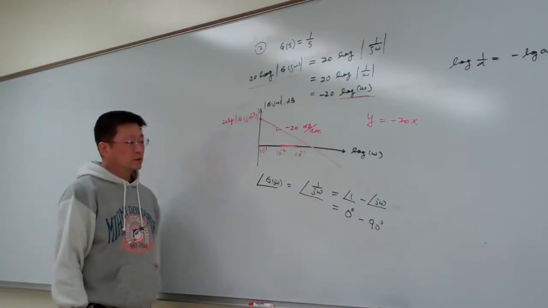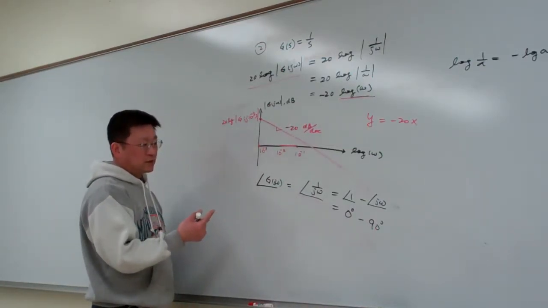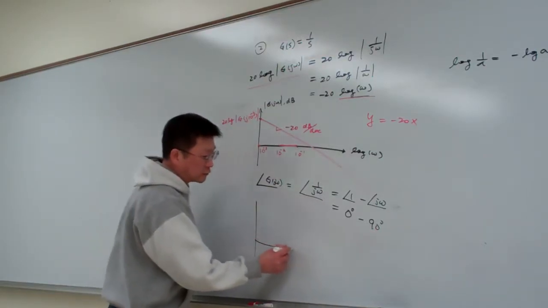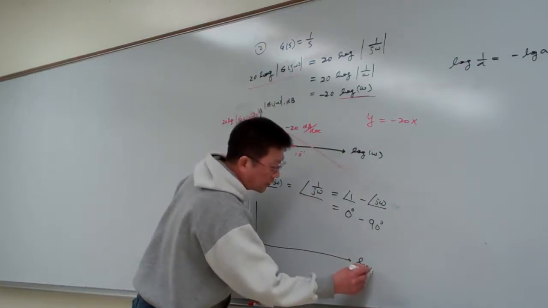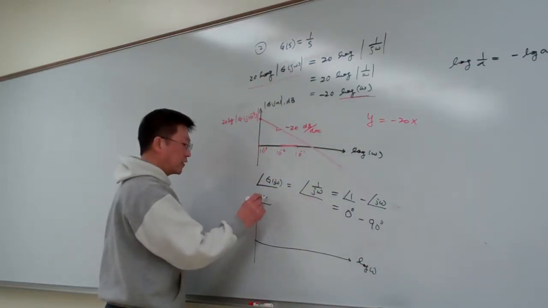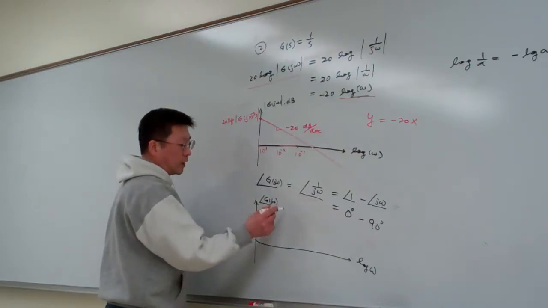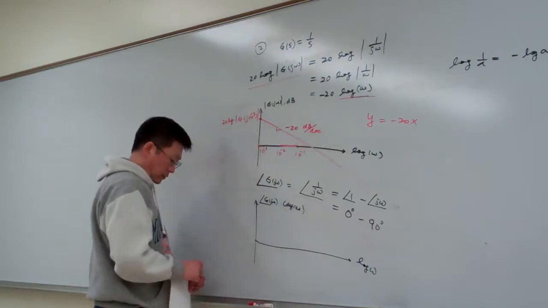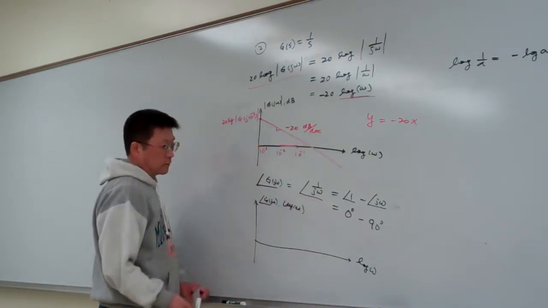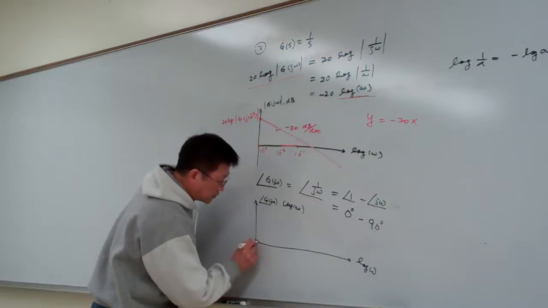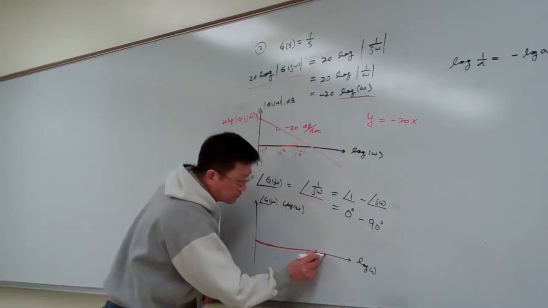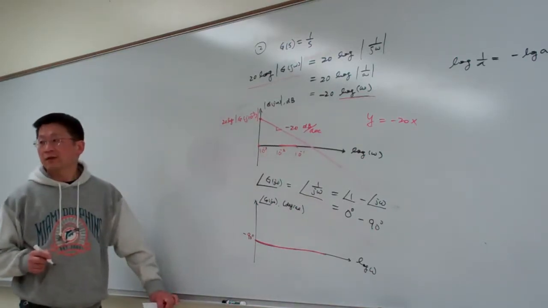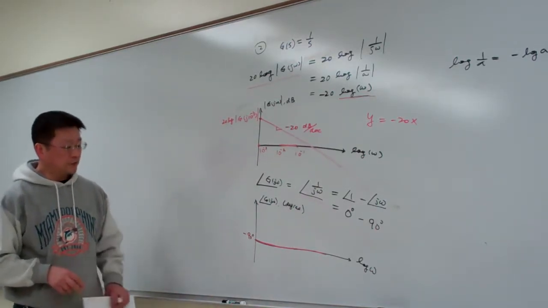Okay, so that means the phase is constant at minus 90. So if you draw it, this is log omega, and this is the phase of G(j omega) in units of degrees, so for example, you can label it here. So this is constant minus 90 here. Okay. So that is for the second case.